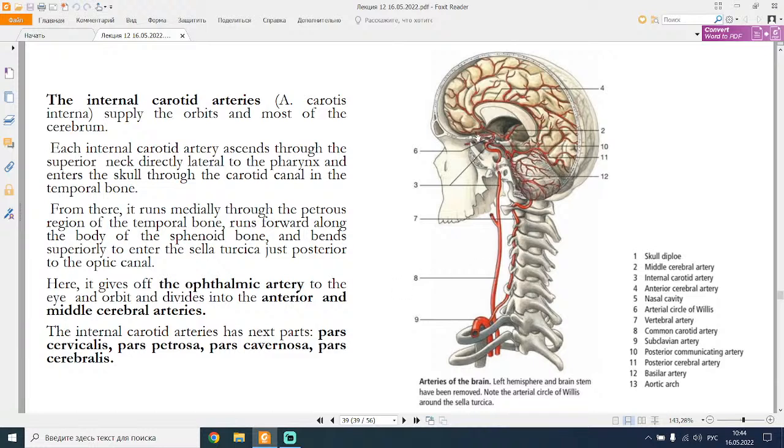The internal carotid artery has the following parts: pars cervicalis, pars petrosa, pars cavernosa, pars cerebralis. So: pars cervicalis, pars petrosa, pars cavernosa, pars cerebralis.